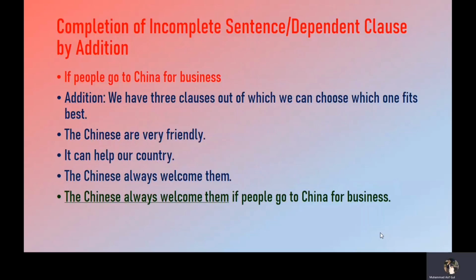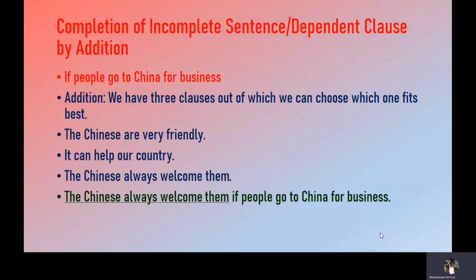The Chinese always welcome them. I think that we should choose one of these complete sentences to complete the incomplete sentence here, and the best choice would be the last one. The Chinese always welcome them if people go to China for business.